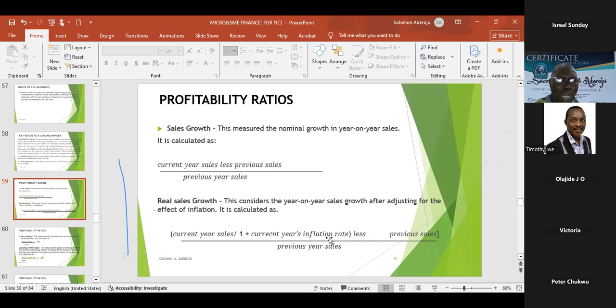If you divide 600 million by 1.2, you get 500 million. So that is the real sales growth, because the company has increased the selling price by the rate of inflation, not that the quantity has increased. So from that 500 million, you remove 400 million, all over 400 million, to know the actual sales growth. So these are the two formulas you need to consider under sales growth.